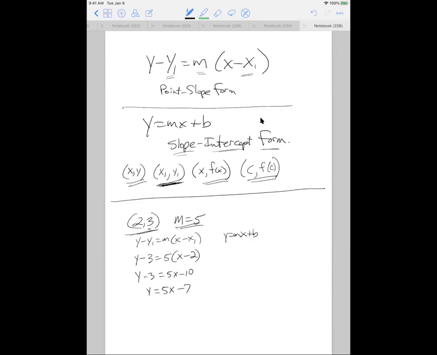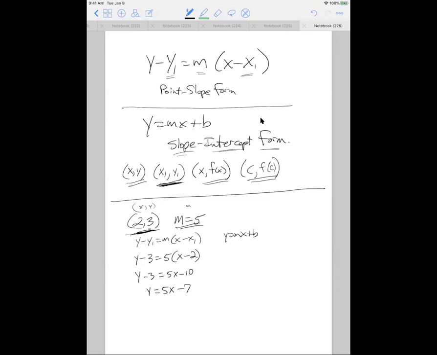Okay, well, another way to do it, if you haven't really done this before, sometimes it can be a shorter way. Sometimes it's more cumbersome. But if this is the information you have, here is your x, here is your y, and here is your m. So as a result, you have everything but b.